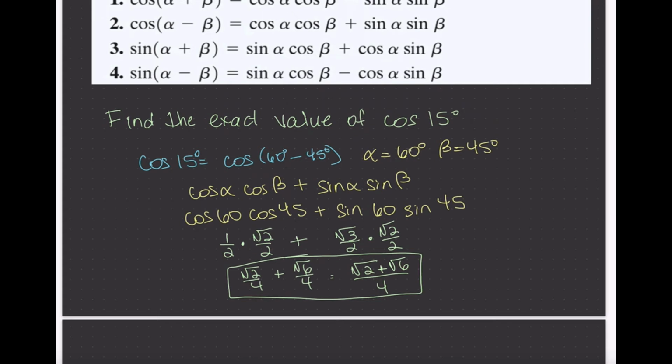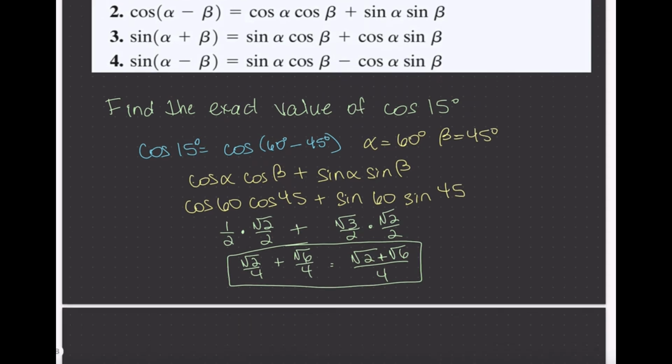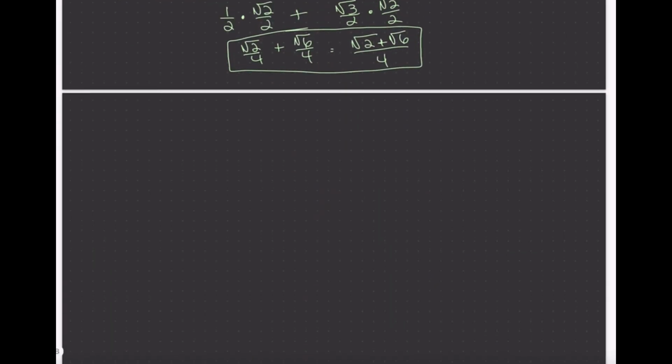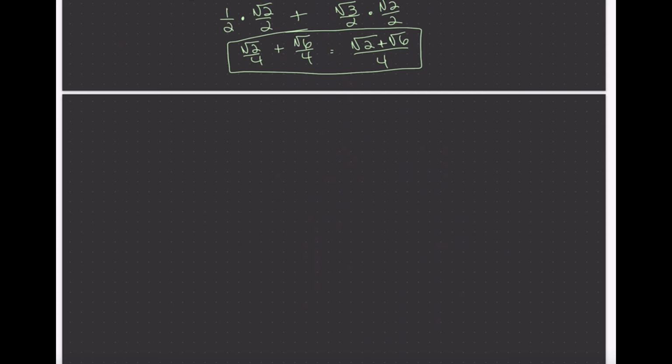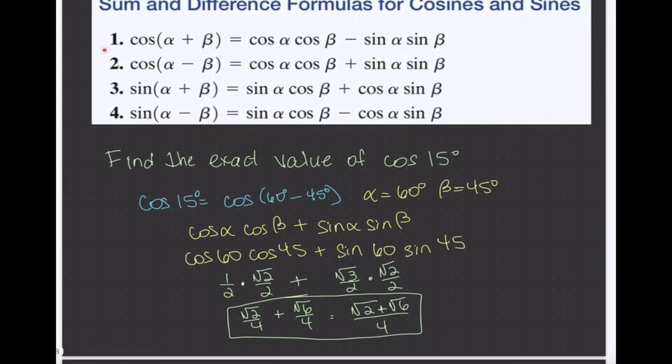All right, so let's try another one. Let's say they want us to find the exact value of cosine of 120 minus 45. We know that it's a difference, and we know that it's cosine, so we know that it is going to be this formula, correct?